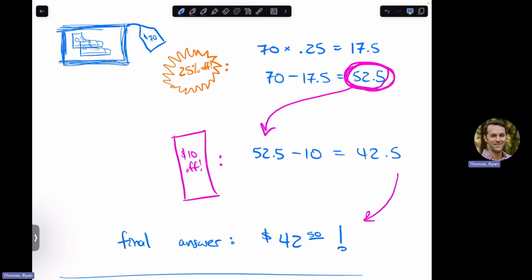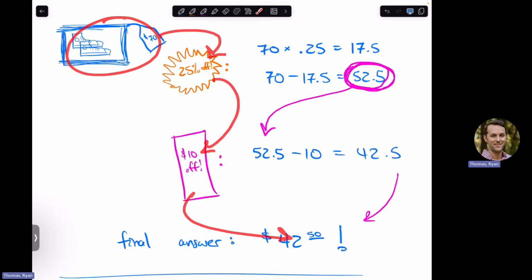Composition means, okay, take two or more functions, two operations like this, and do them one after the other, sequentially. What do I mean by sequentially? I started with this, I did this, then I did this, and then that gave me my final answer, right?